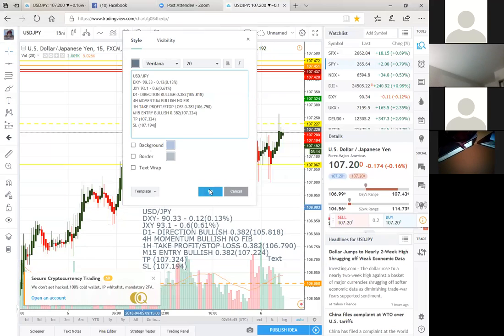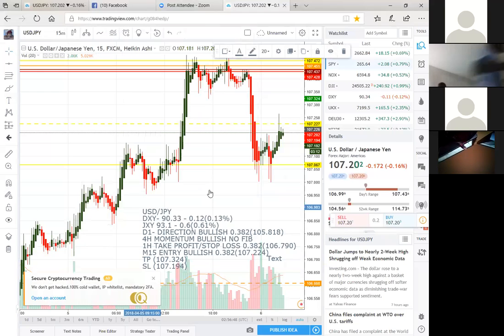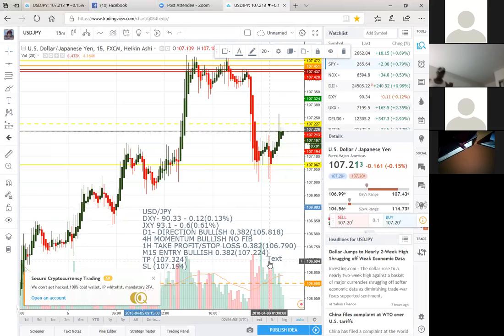Okay. So to go over your DXY and your JXY and why we look at those: the momentum is determined by how strong or weak a particular currency pair is. Right. So you hear people say the dollar is weak, the dollar is strong, the yen is weak, and so on. If it's bullish, that means it's strong.